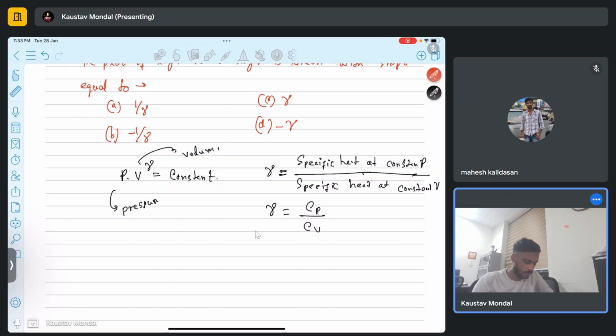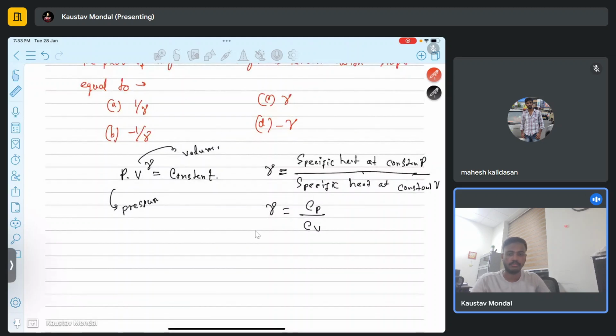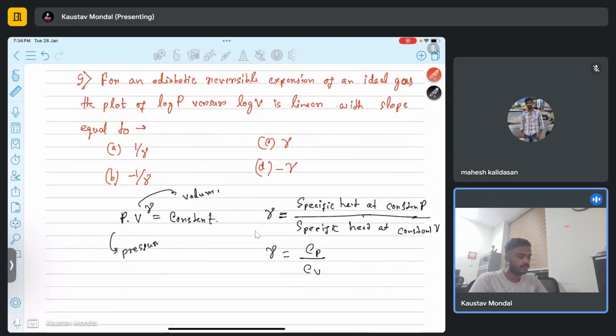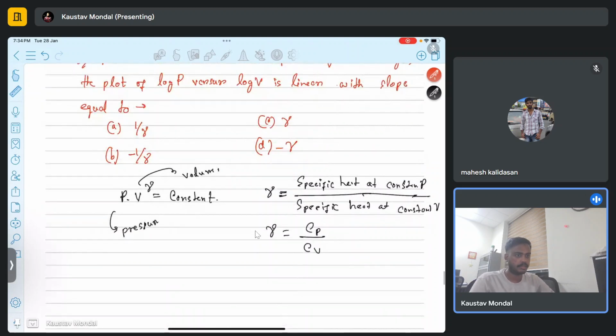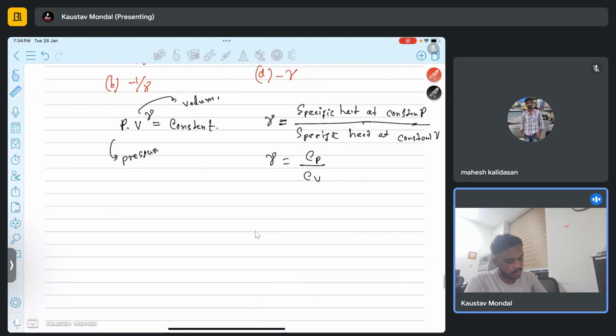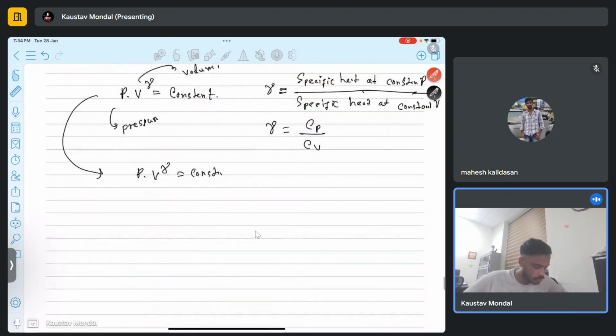I assume that how this relation comes has been taught well in the classes, so I'm not doing the derivation. Now from this equation, P into V to the power gamma is equal to constant. But in the problem, you are not asked to find the relation between P and V, you are asked to find the relation between log P and log V. This is very straightforward.